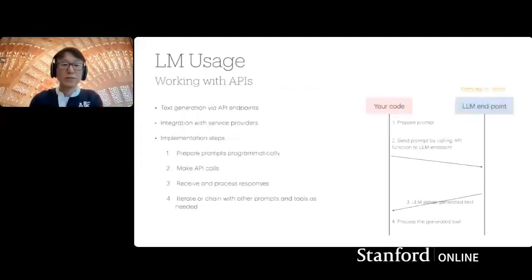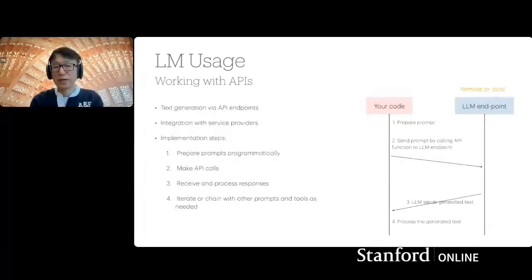So what does it mean to use API calls? Let's step back. The language model is taking natural language input text and then generating the output. That means we need to prepare a certain form of free-form natural language text, as an instruction or a question, and put it in a specific format so that you can make an API call towards the model provider.